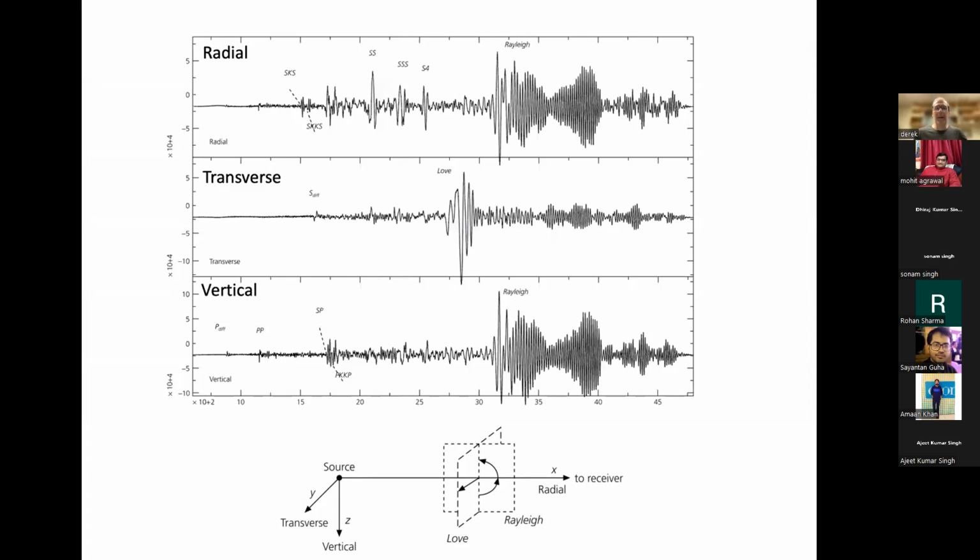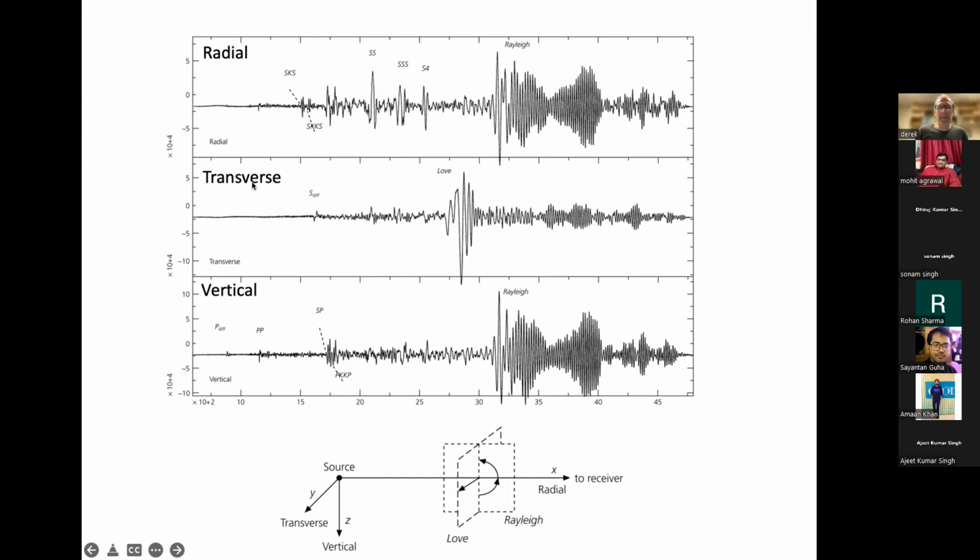So on a seismogram, if I look at the radial channel, again, that's the horizontal component of the seismometer that records the motion in the direction between the source and the receiver. We see a very faint P wave, and then we see an S wave come in, and then the larger amplitude is the Rayleigh wave.